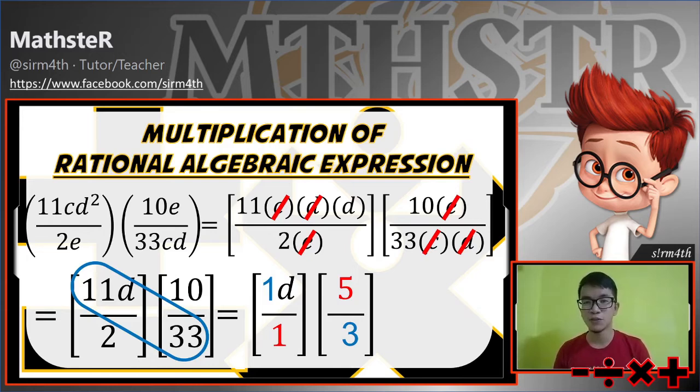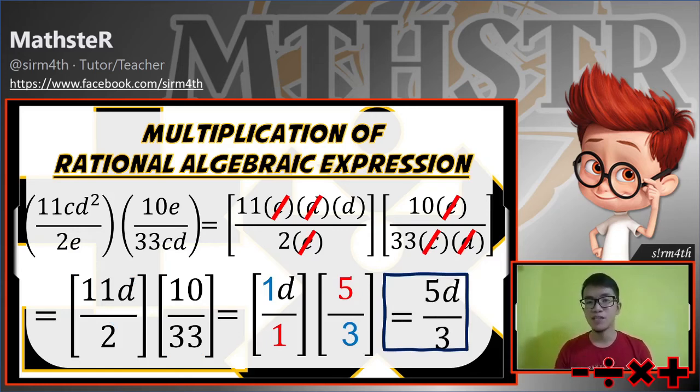Unlike dito, d times 5 lang and 1 times 3. So if we multiply 5 times d, the answer will be 5d. And if we multiply 1 times 3, the answer will be 3. So therefore, the product of 11cd squared over 2e times the quantity of 10e over 33cd is equal to 5d over 3.